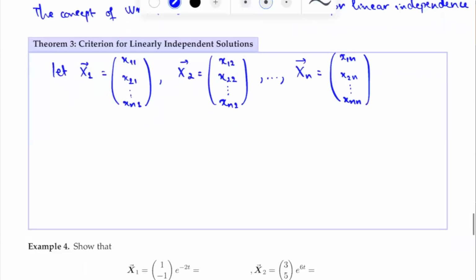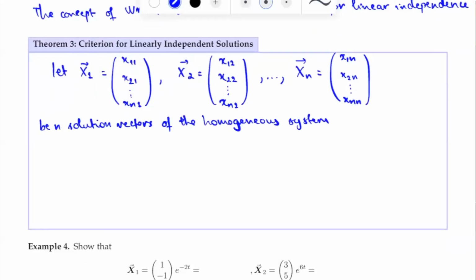These are the n solution vectors of the homogeneous system. Again, the homogeneous system is of the form x prime equals Ax, without the external force F, on an interval I.